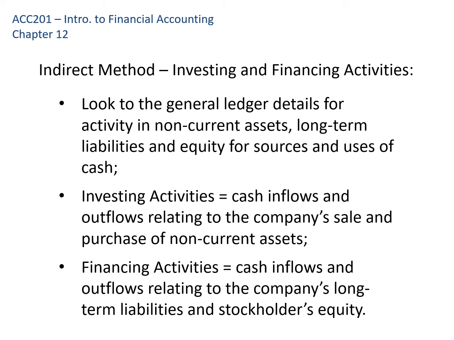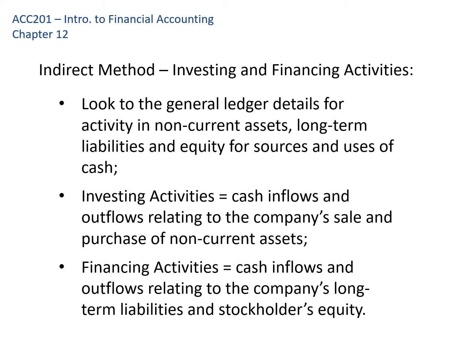When it comes to the financing section, I'm going to look at long-term liabilities, and I'm going to look at equity to see where did I receive cash. I would receive cash from either borrowing money from a bank, so a note payable increasing or a mortgage payable increasing.